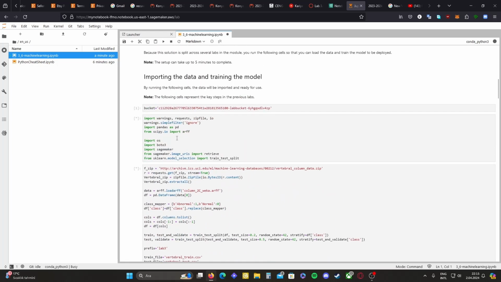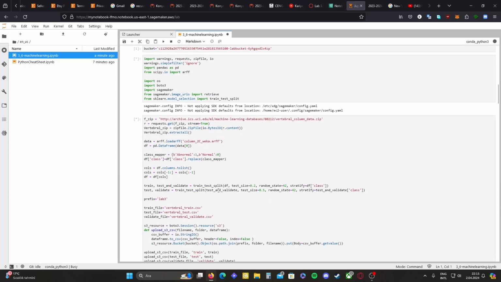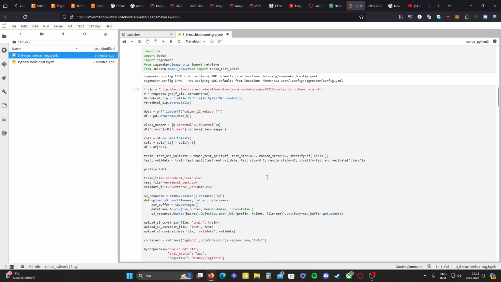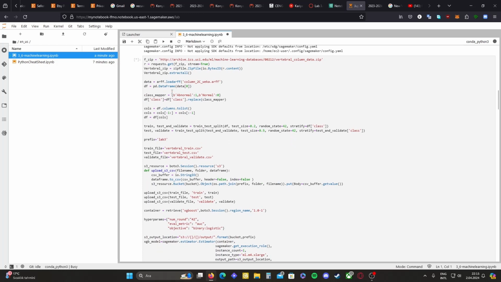So we import the libraries in here, and we download the zip and load the data, and we define class mappers.